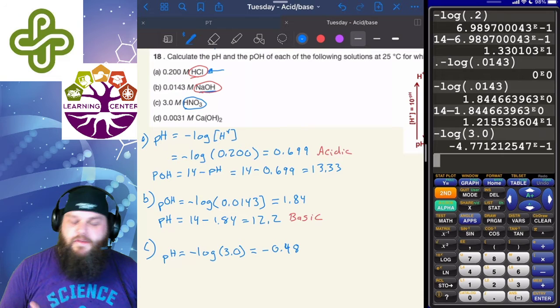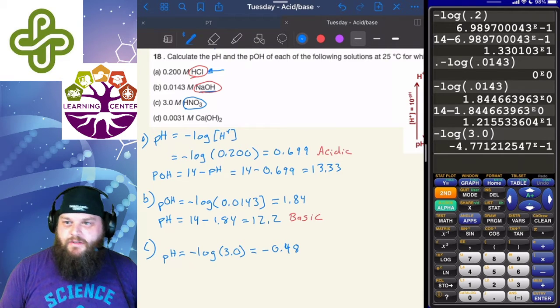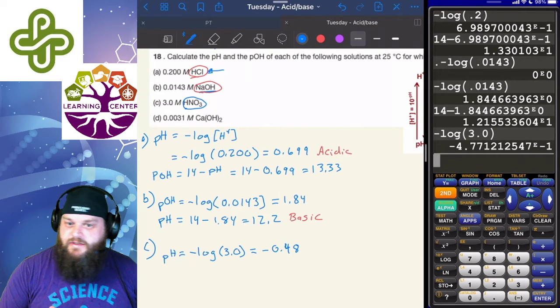And that seems weird, but it's really correct. It's so acidic because we're adding a high concentration strong acid to water. It makes it so acidic that it's a negative pH on that scale.